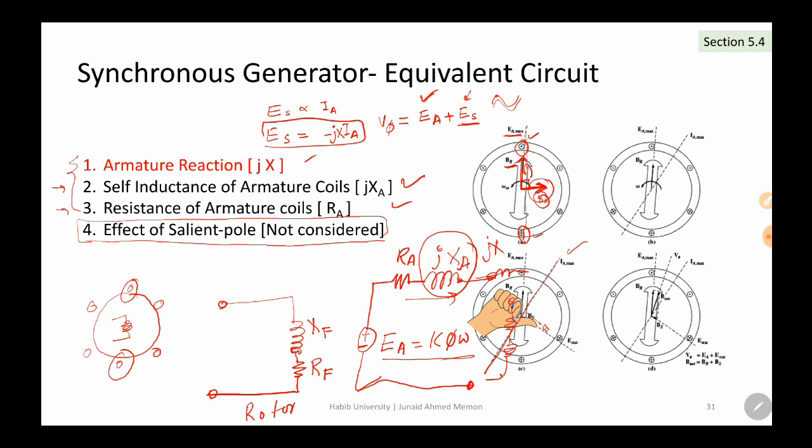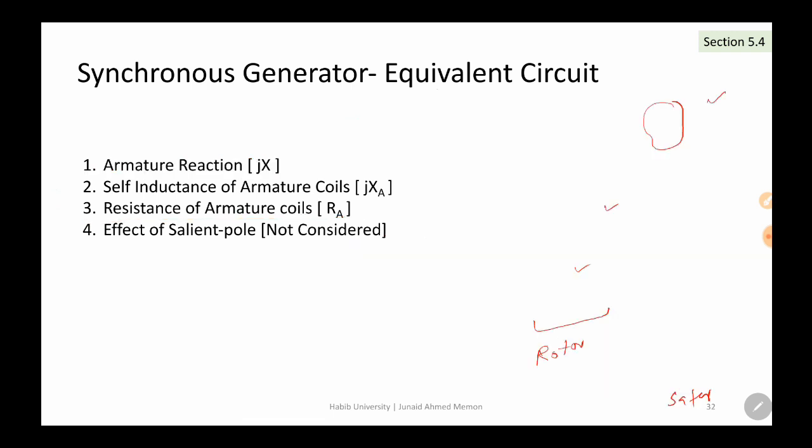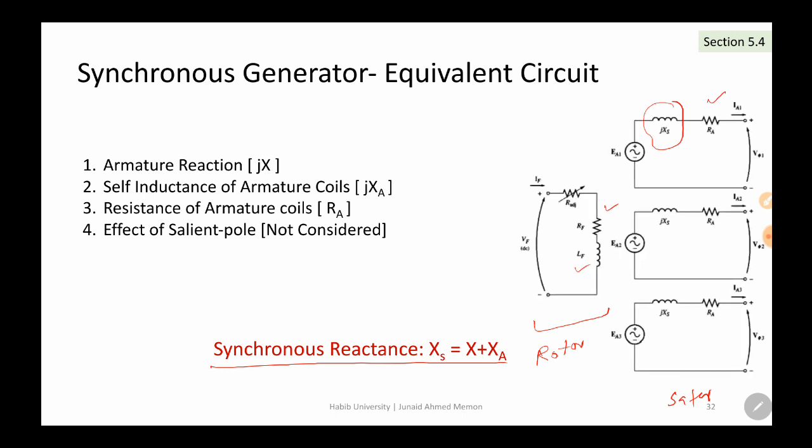We can combine these two reactances and call it the synchronous reactance, represented by X_S, which is basically the sum of the reactance due to the armature reaction and the self reactance of the armature coils. So that is combined into one parameter, the synchronous reactance. So we got the three phase equivalent circuit of the synchronous generator.